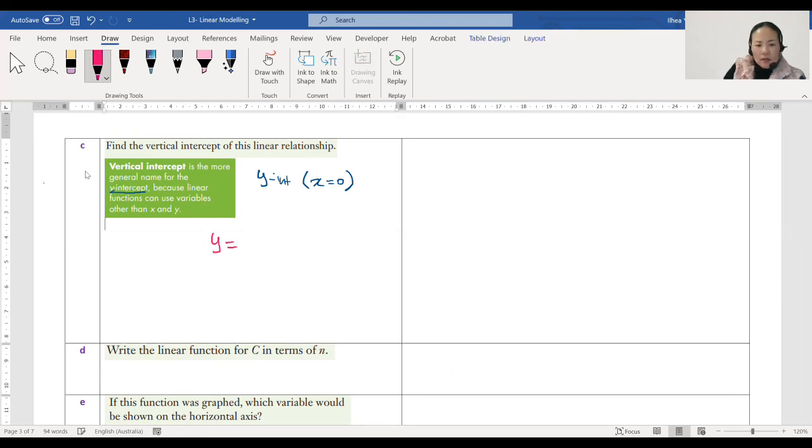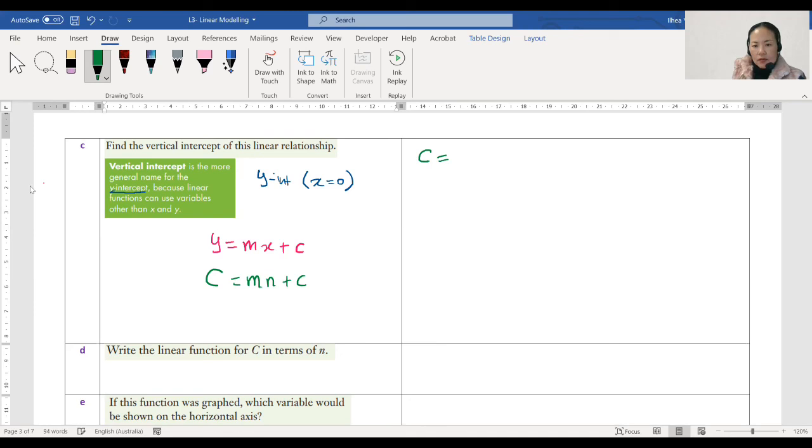Y equals mx plus c. Okay, but the x and y is changed. So now these ones are like c and n. So c was my y because it was dependent, and n was my x, independent.